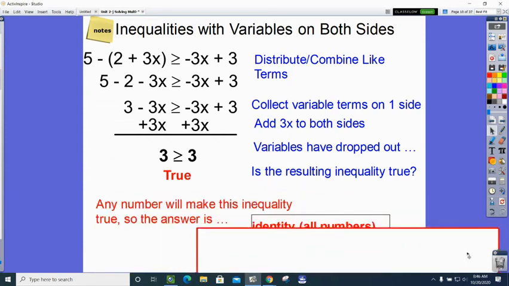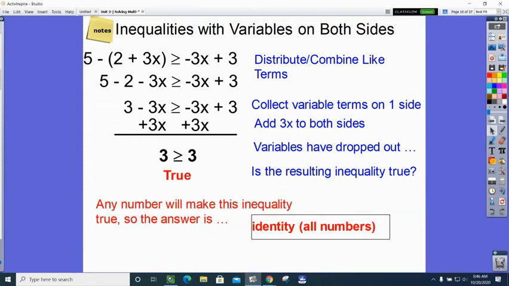So this would be identity, or all real numbers. So no matter what number you choose to substitute in for x at the start, everything would work. Let me just comment, though, that if this equals component wasn't here, we'd be looking at a no solution. Kind of interesting to think about.